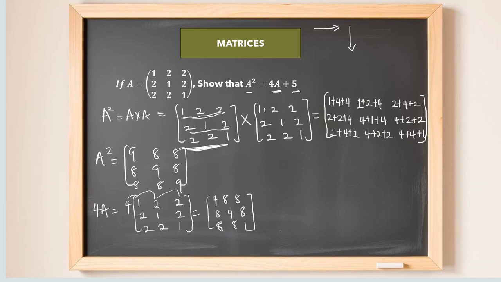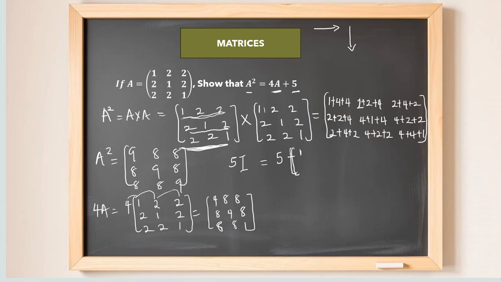Now, what about 5? Here, we can say that 5 is multiplying an identity matrix. And how do you write an identity matrix? It's like saying we have 5 multiplying the identity matrix of a 3 by 3 matrix.